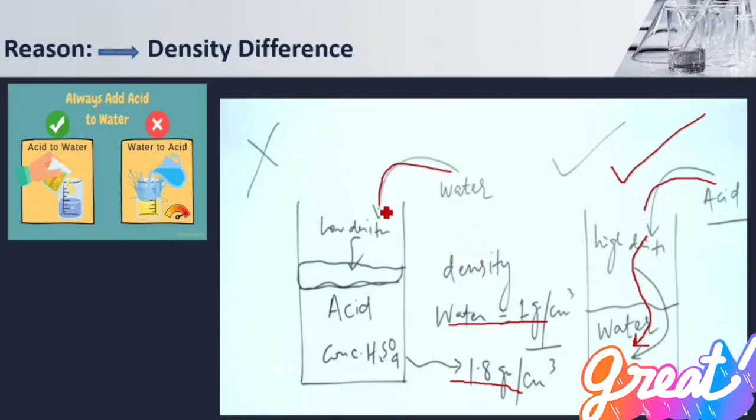Whereas when water is added to the acid, it would be very dangerous because the water has low density and it only stays on the surface of the acid, and due to the exothermic reaction there would be splashes coming out of this solution and it would be very dangerous.